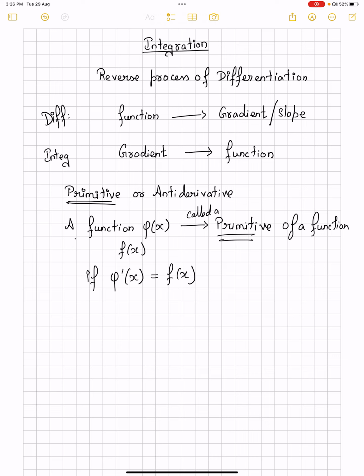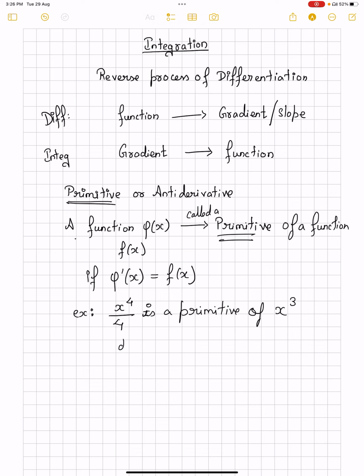What does that mean? Let me give you a simple example. I have x to the power 4 by 4. If this is going to be a primitive of x cubed, why do I say that?